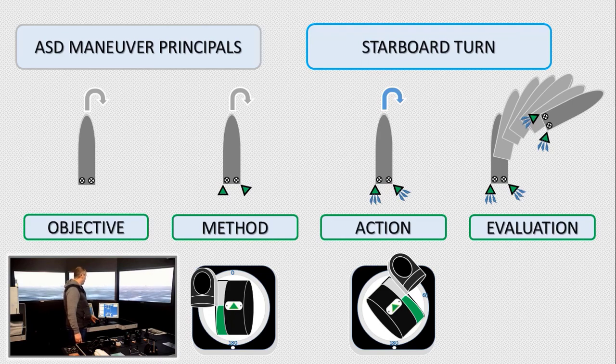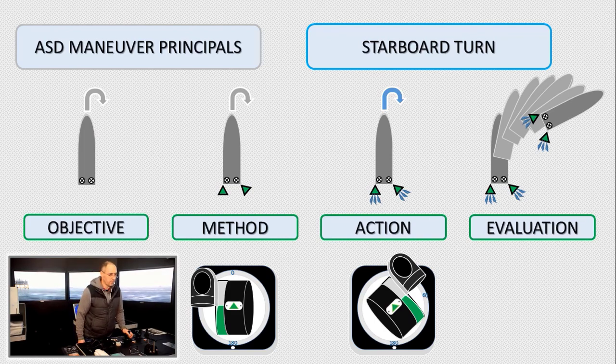And I'm evaluating again. Now my rate of turn has changed to port, to 20 degrees per minute. So I continuously repeat those steps which are connected with making a maneuver.